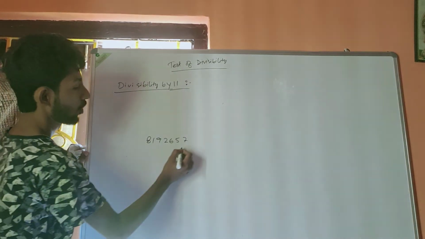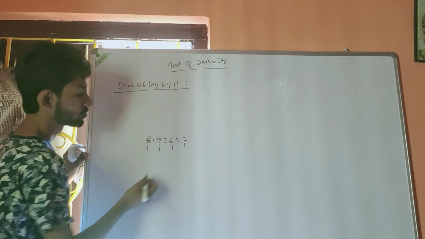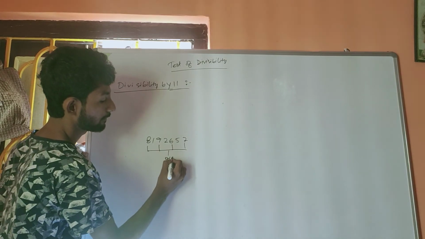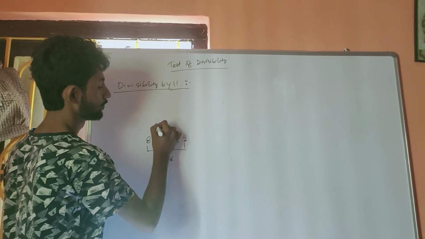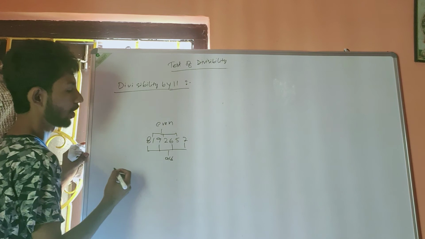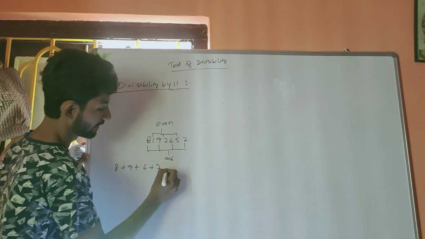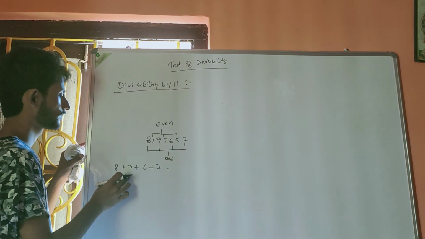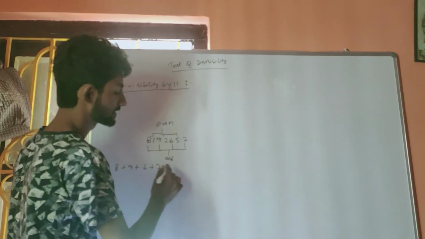In that case, odd places are this one, this one, this one, and this one. So add the odd places, and add the even places. So odd places will be 8 plus 9 plus 6 plus 7. 8 plus 9 will be 17. 17 plus 6 is 23. 23 plus 7 is 30.